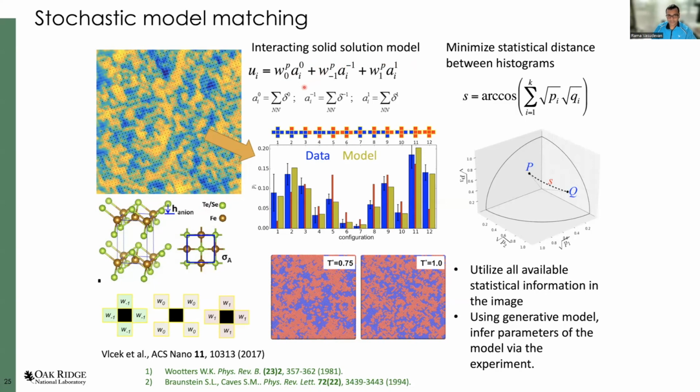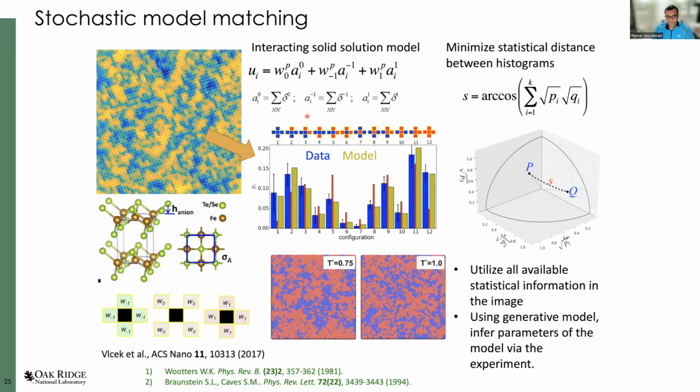This solid solution model has bulk and surface terms, but basically there's an interaction term that tries to agglomerate atoms of different species types together, or repel them depending on the sign. We can change these interaction terms based on minimizing the distance between these histograms, right? That's exactly what's done. Again, you can look at the particular paper here for more details.